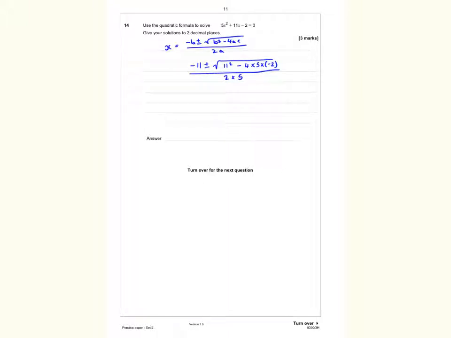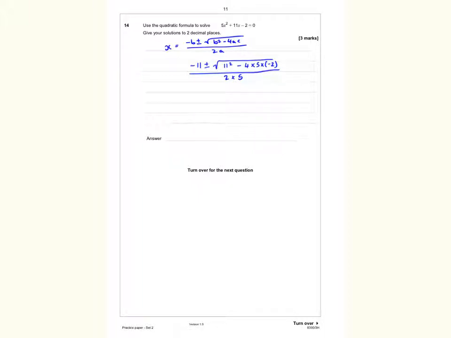Now you can type this whole thing into your calculator, once with an add here, once with a take away, and you'll get your two values. Or you can simplify it down a little bit so that you have to type out less. But I would recommend that you just type this into your calculator as you see it here. As long as you've got your negative value in a bracket, you shouldn't have a problem with this. But I'm going to make it simpler.